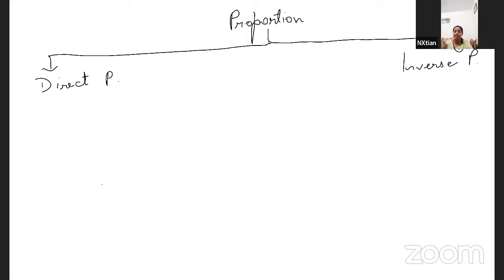Now, take a look at this example. I purchased a book, one book of rupees 100.